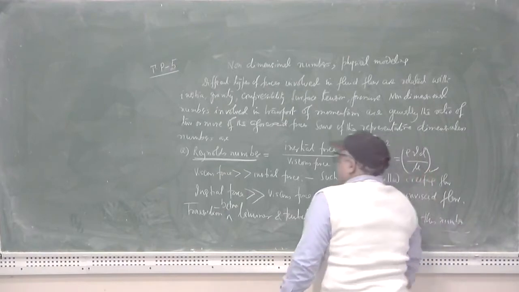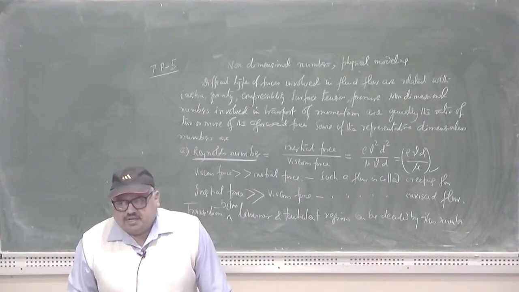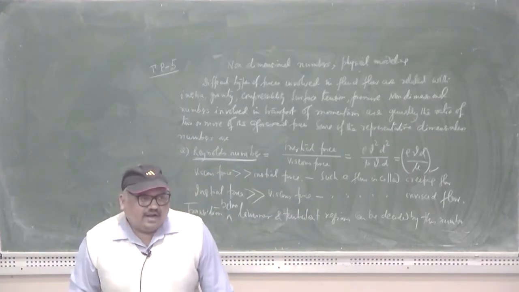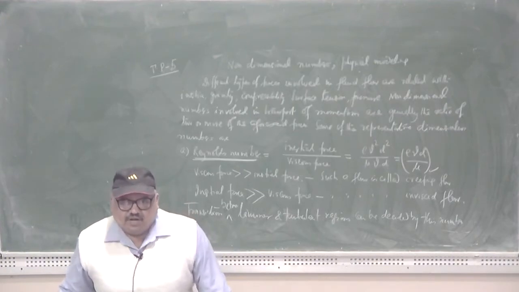If you are utilizing this number, you can easily decide at which Reynolds number the flow will be laminar, and after a certain critical value the flow will become turbulent.